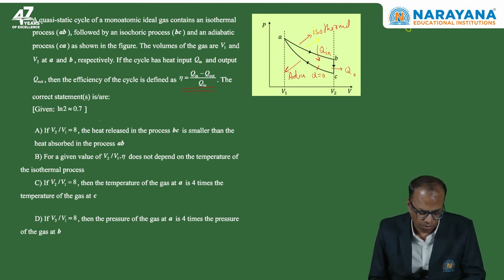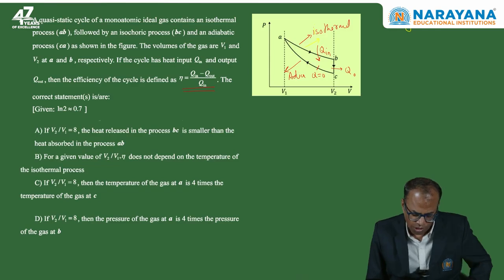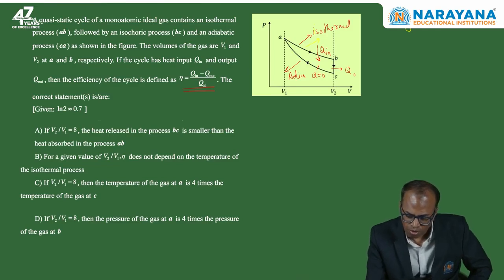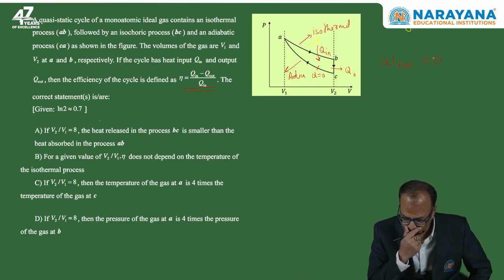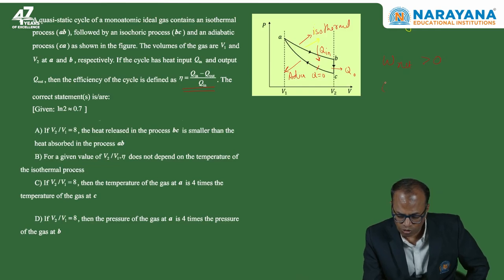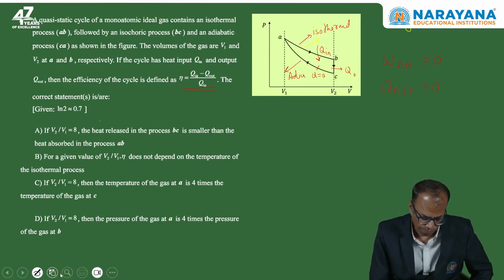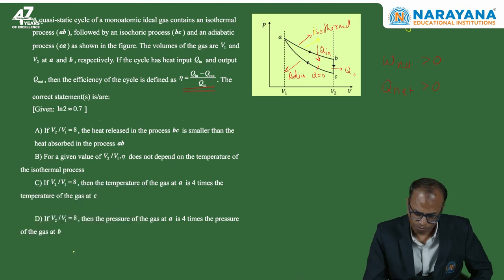Okay, let's read the options first. If V2 by V1 is 8, heat released in process BC is smaller than the heat absorbed in the process AB. To have to compare. In this complete process ABC, the net work done is greater than 0. So the Q net must also be greater than 0, because there is no change in internal energy for the cyclic process.